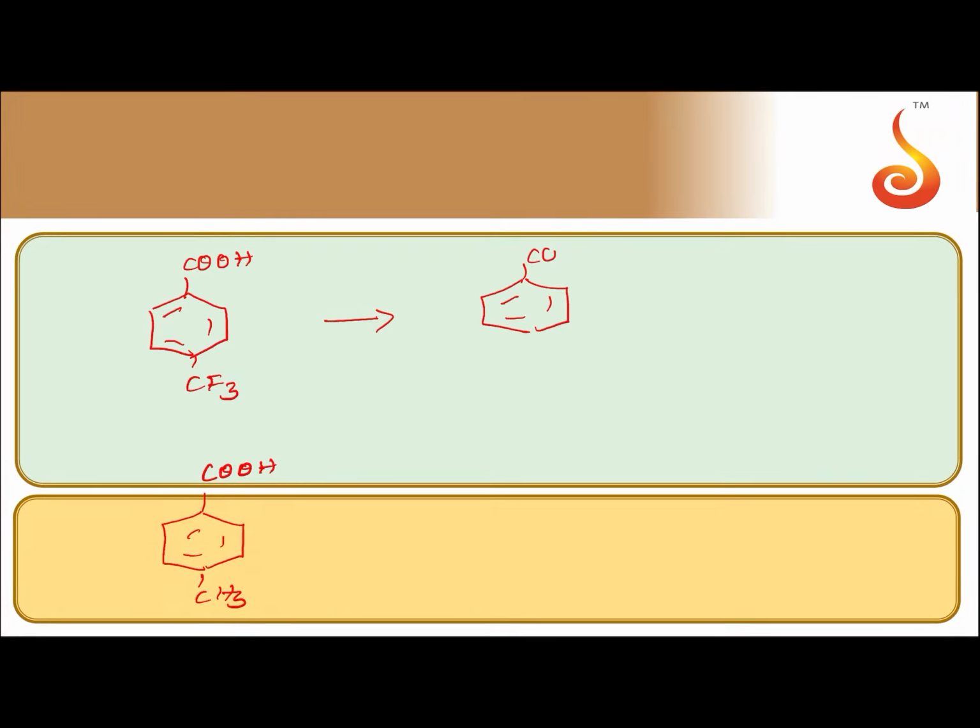How will they dissociate? They dissociate like this. What I told you: the stability of the carboxylate ion decides the acidity of the carboxylic acid.